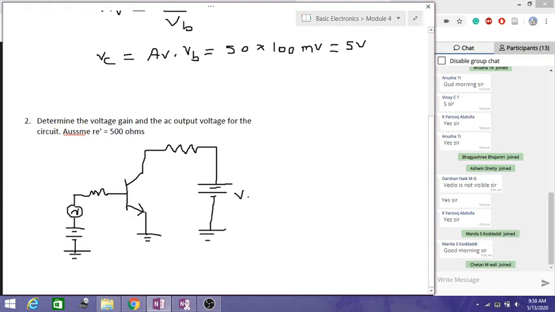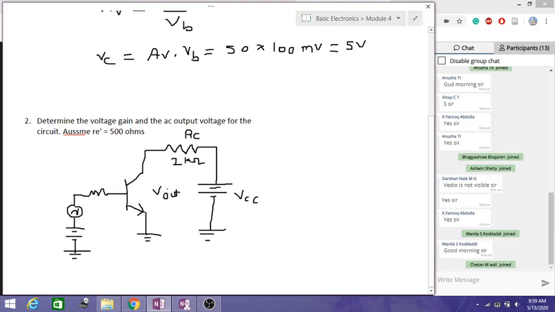This is VCC, this is RC, this is 1 kilo ohms, this is the V out which we are talking about.